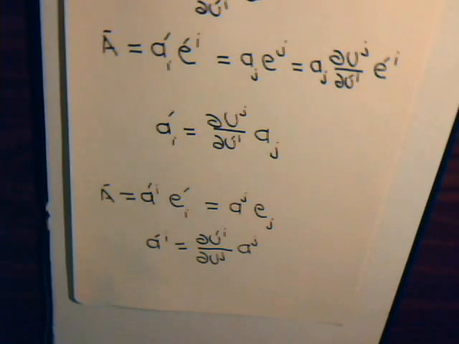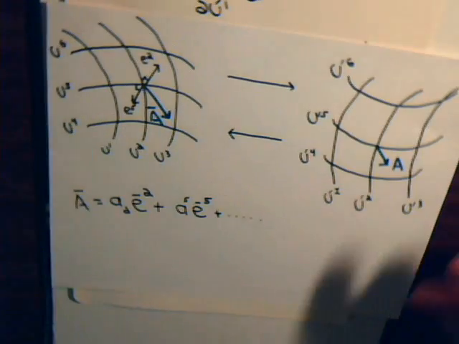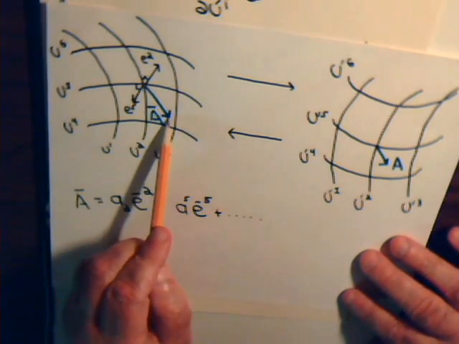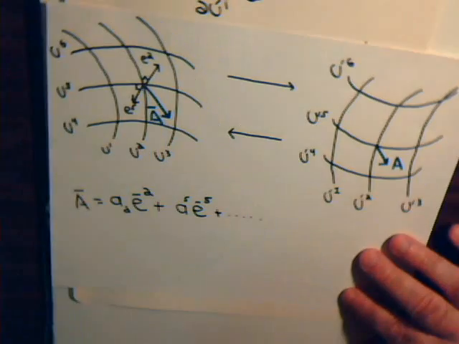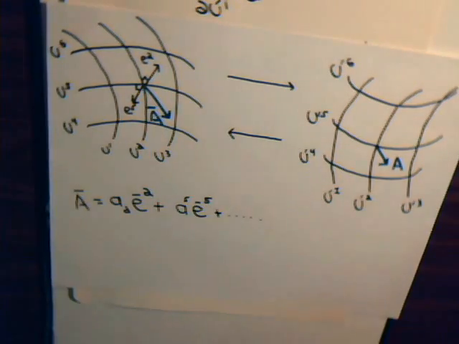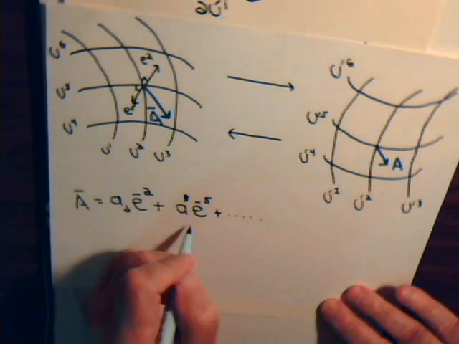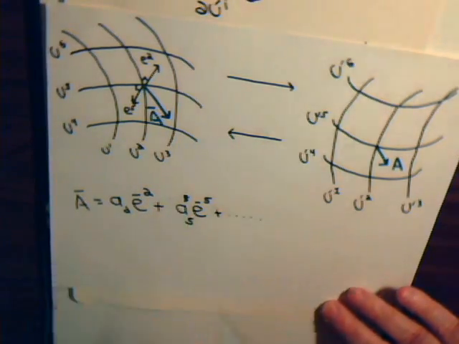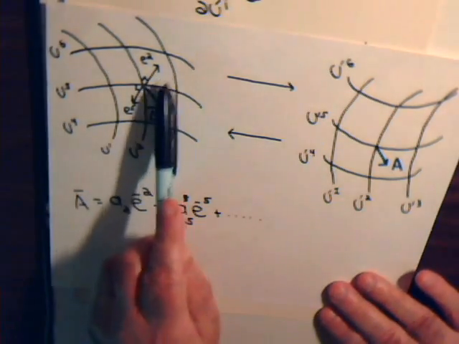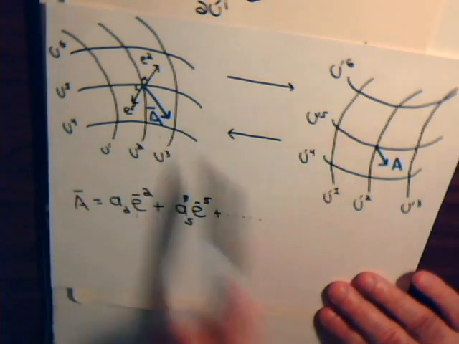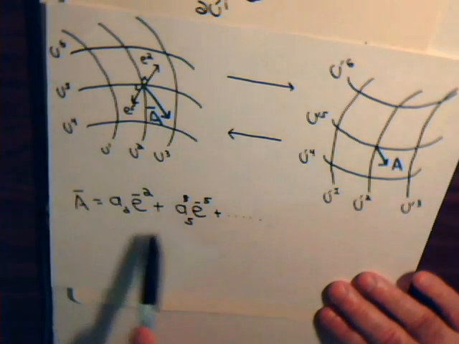So what that means is that if we know a component of our vector A on one of these orthogonal axes, and these components now we write with lower subscripts, and this one is written incorrectly. This should be down here, like this. The orthogonal axes are labeled with superscripts. The components along them are written with subscripts.